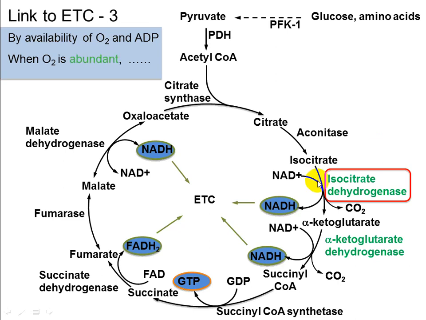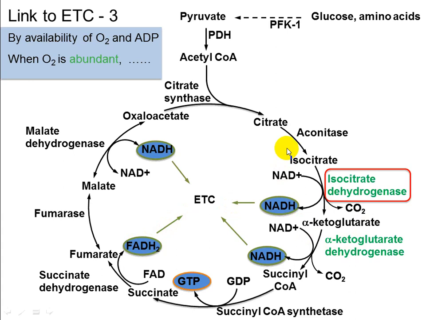On the other hand, when oxygen is abundant, the TCA cycle is controlled by the level of ADP. When the level of ADP goes up, it signifies the need for energy. How can we meet the demands of ATP? We can provide more NADH and FADH2, these high-energy compounds, to the electron transport chain so that they can produce more ATP.